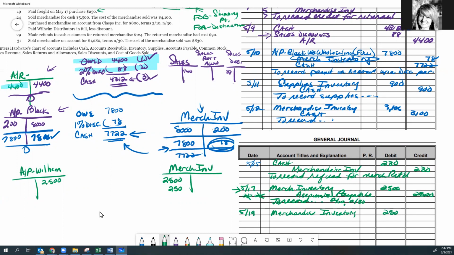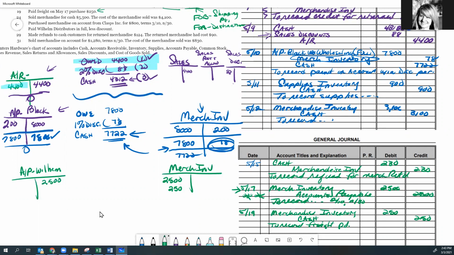So we're going to debit merchandise inventory for 250 and we paid this bill, so we're going to credit cash. Had we not paid the bill, we would have credited accounts payable. To record freight paid on 5/17 purchase.